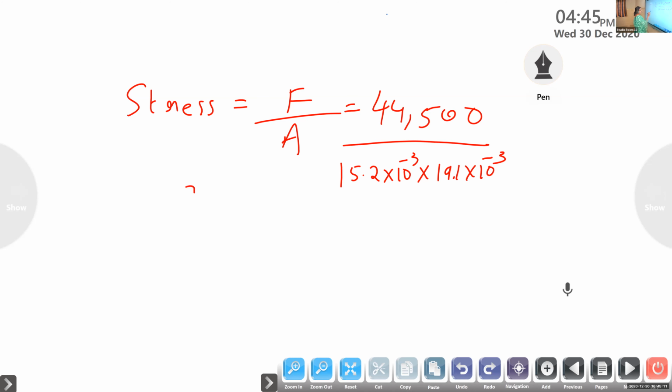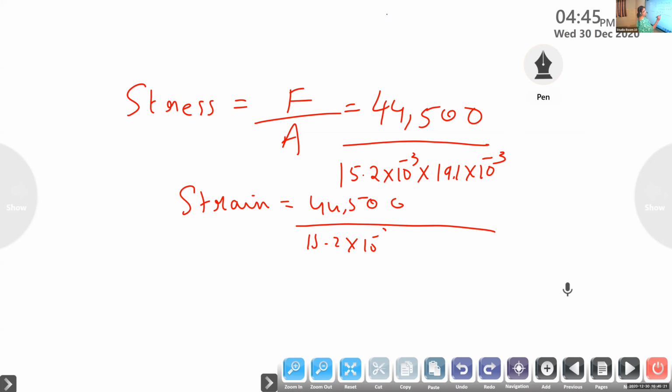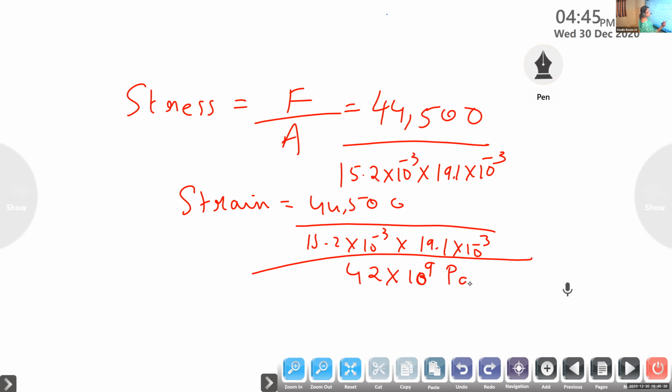Thus, strain is equal to 44,500 by 15.2 into 10 to the power of minus 3 into 19.1 into 10 to the power of minus 3, all divided by the modulus. Modulus is given as 42 into 10 to the power of 9. So it is already given in the question. I forgot to tell you.